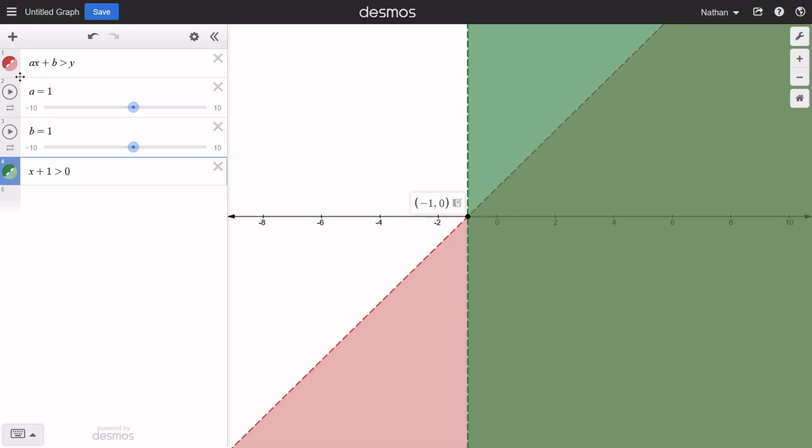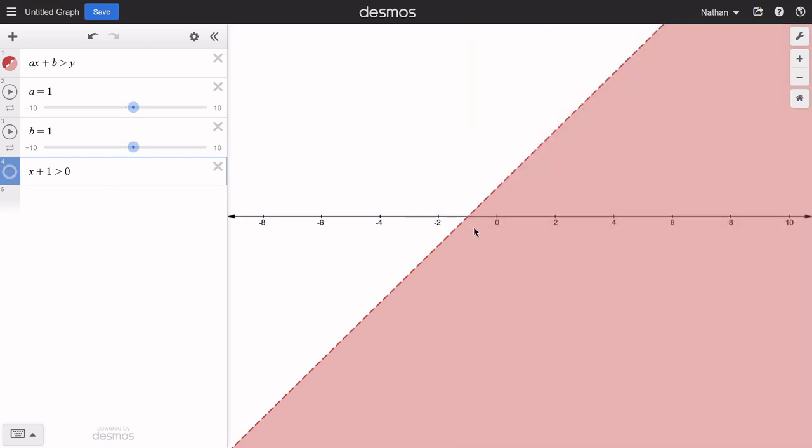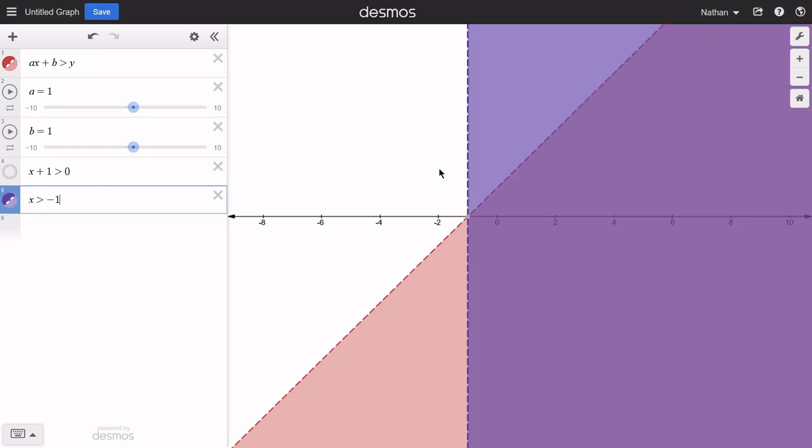And that means that the solution is going to be all the values that are greater than -1 here. That's what this point is. We can see that if we just subtract 1 to the other side, this is the same thing as x greater than -1, which is the exact same value there.